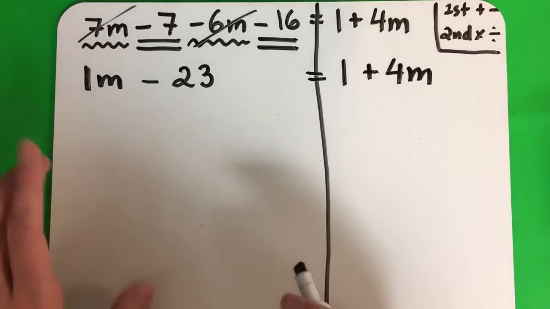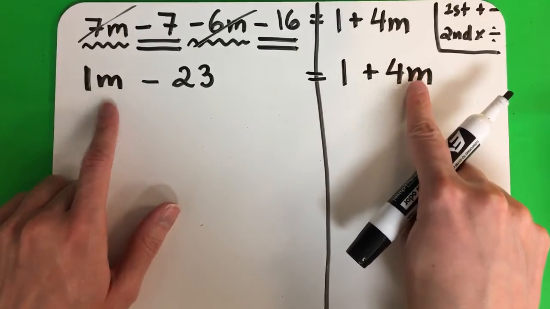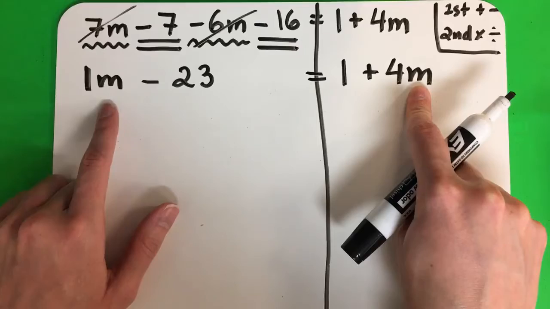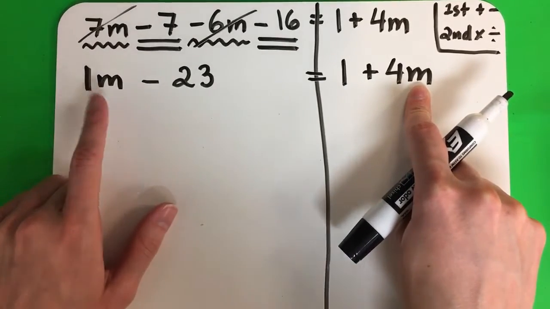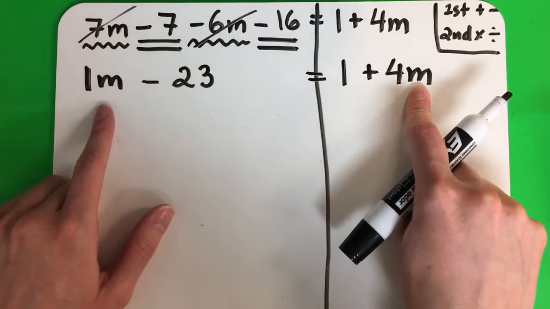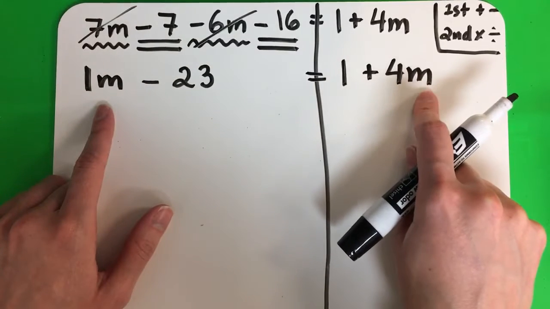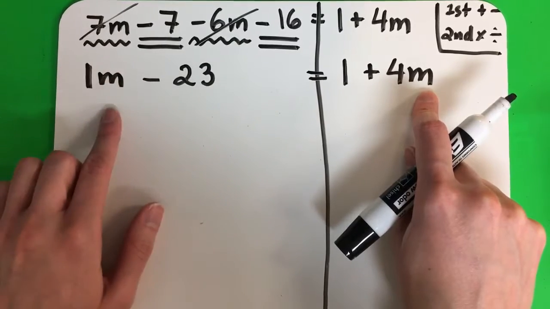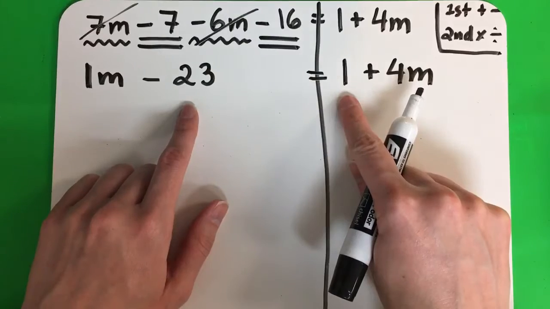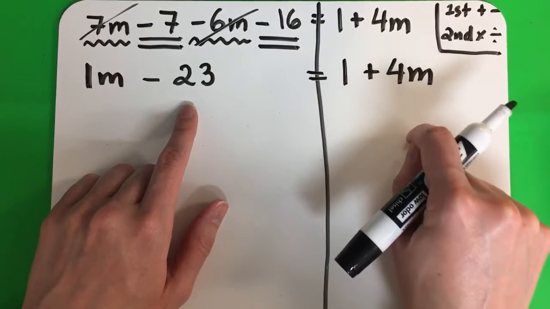Okay, now this is different because I have 2 M's. Tengo dos M's. So what I want is all of my M's on the left and all of my numbers with no letter on the right. Quiero todos los números con la letra en la izquierda y quiero todos los números sin letra a la derecha.